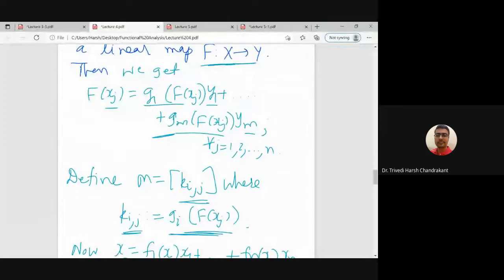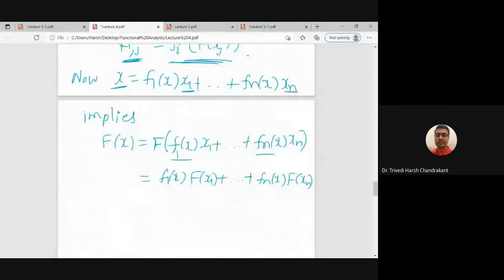So we can write f(xj) as a summation of kij times yi. Let us substitute that.